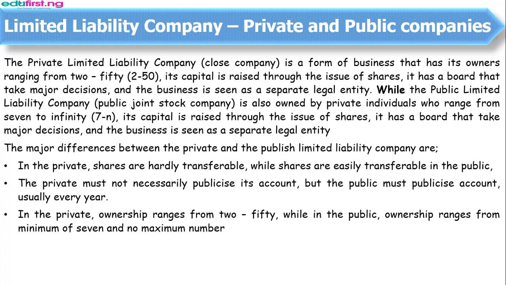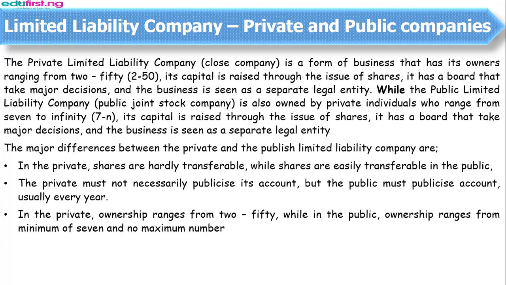The major differences between the private and the public limited liability companies are that in the private, shares are hardly transferable, while shares are easily transferable in the public. Under the private limited liability company, accounts must not necessarily be publicized, but the public must publicize accounts usually every year.